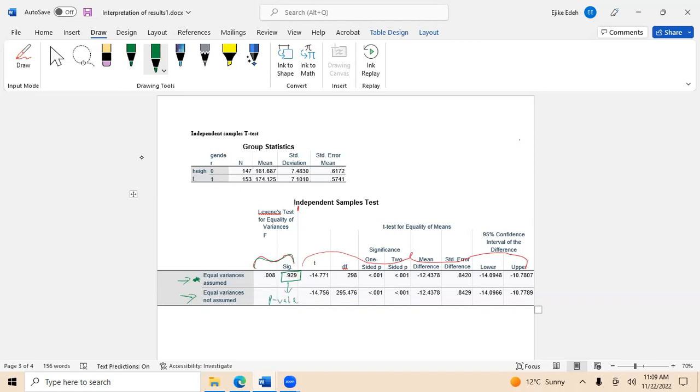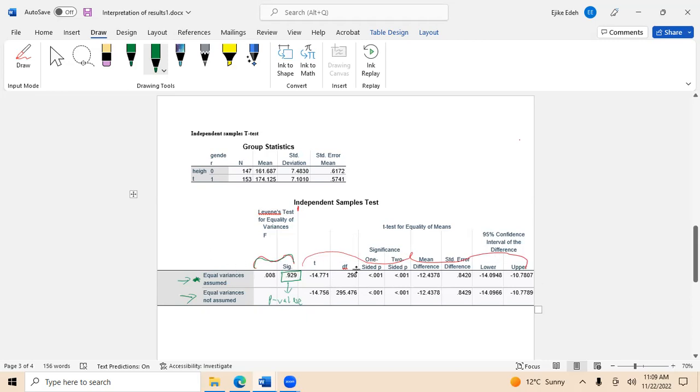And what is the test? The test is the test of equality of variance. It's testing whether the variances are equal, and you can see that on top here. It's called Levene's test. Whatever you determine from this test tells you which line of data to interpret.